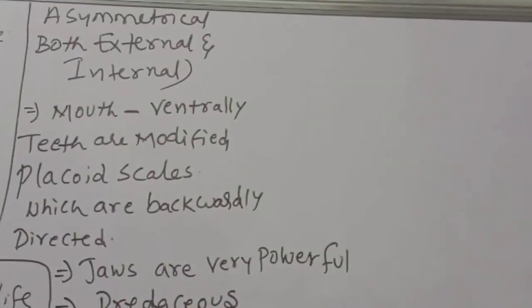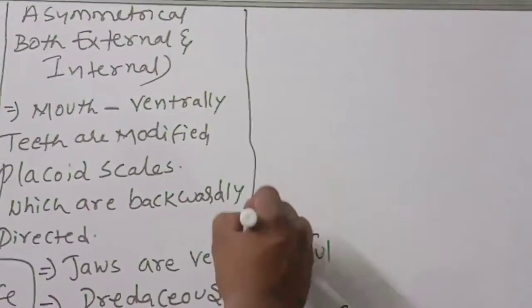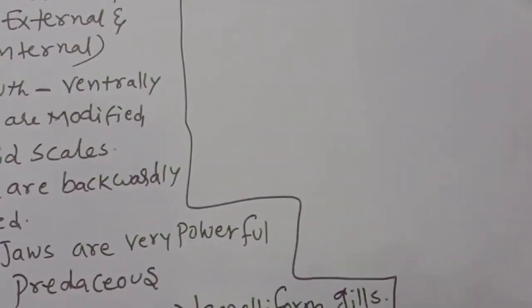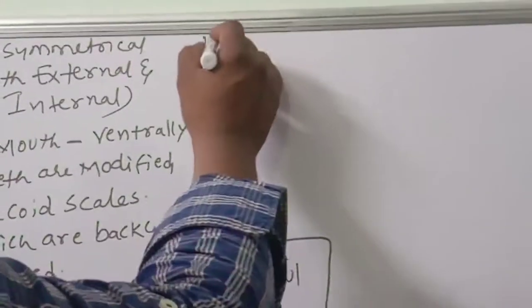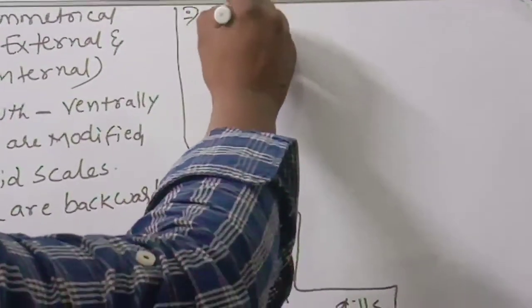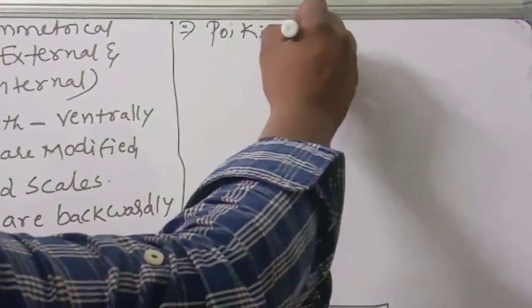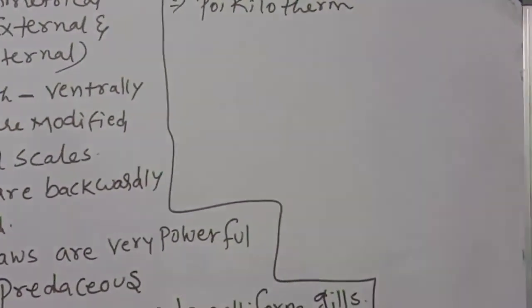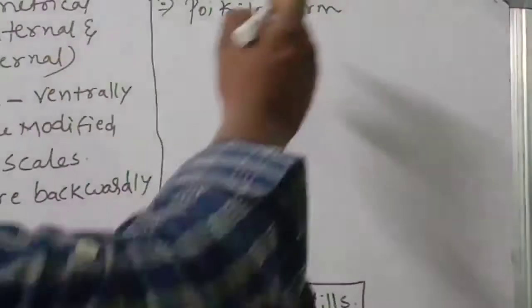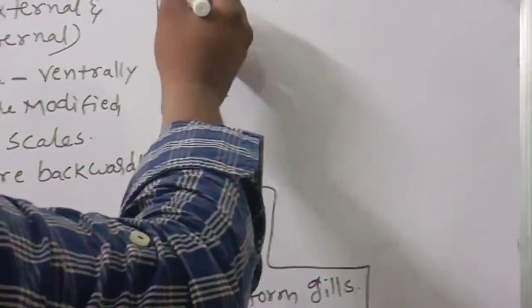The next most important point to remember is they are poikilothermic. What is the meaning of poikilothermic? According to the surrounding temperature, their body temperature also changes. That is called poikilothermic.